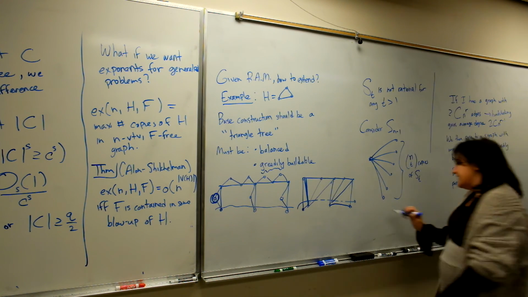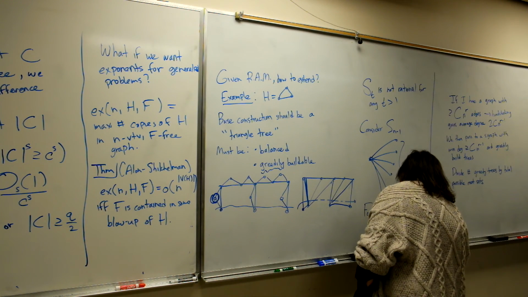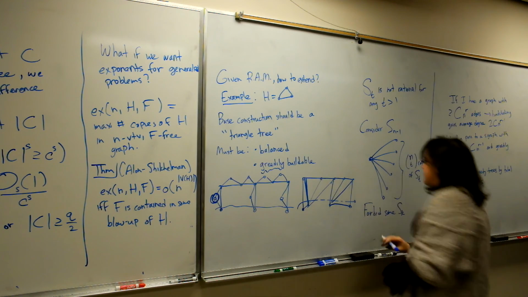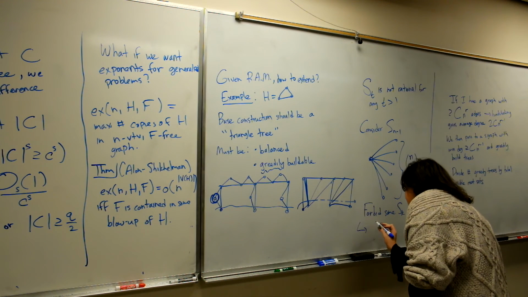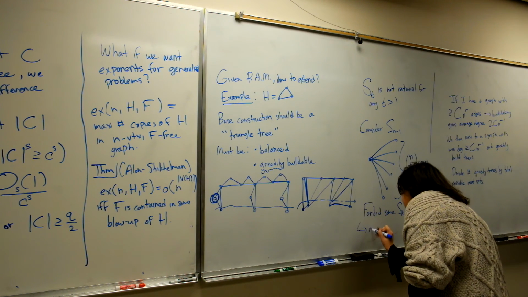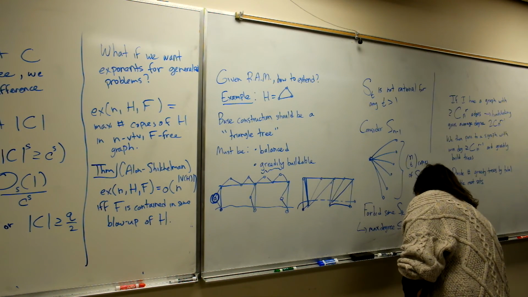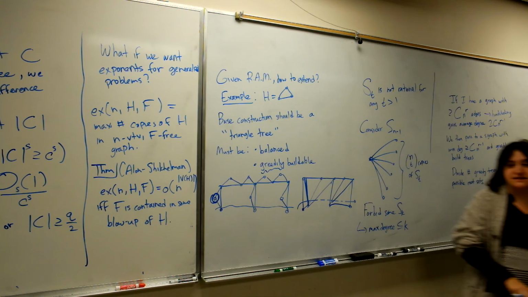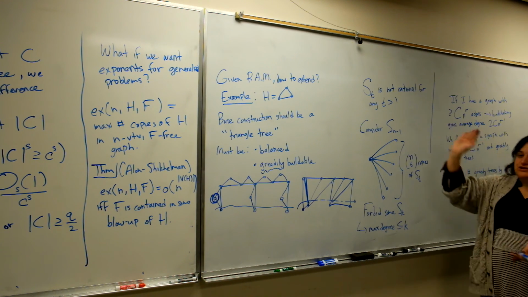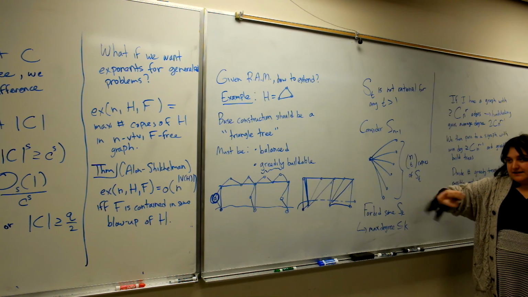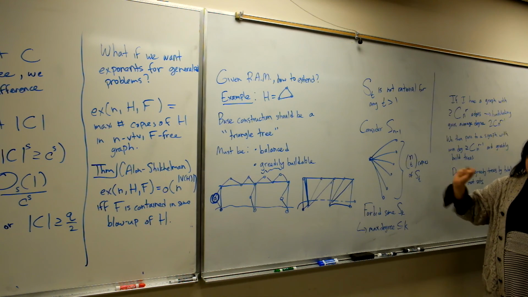So I would have to forbid some S_k in order to avoid this construction, but that immediately says I have max degree bounded above by a constant, and so I only have a linear number of edges. So a star jumps from, you can have exponents of 1, and then you can't have any exponents until you get to t.